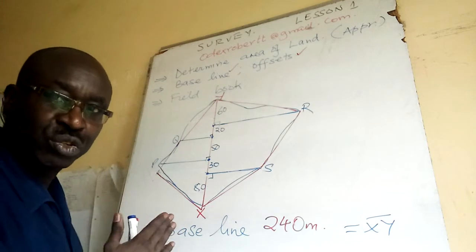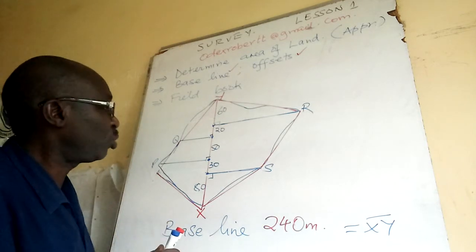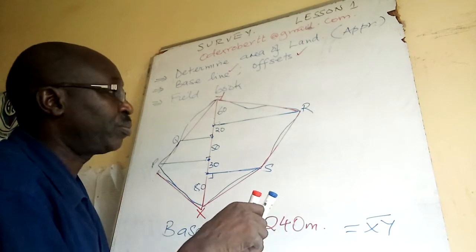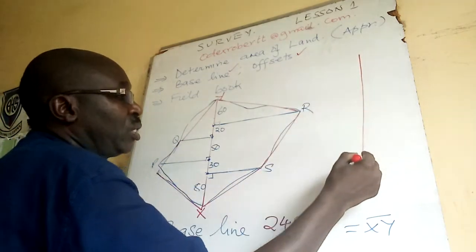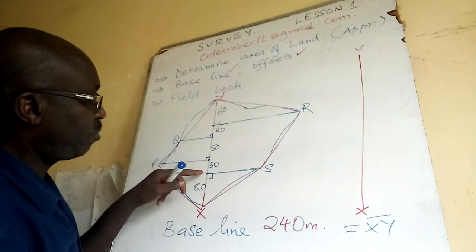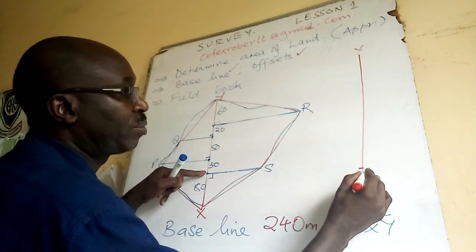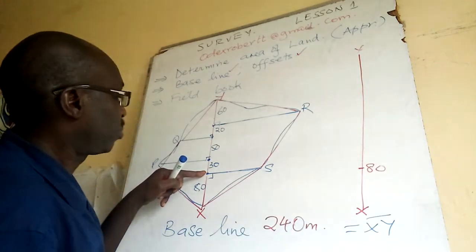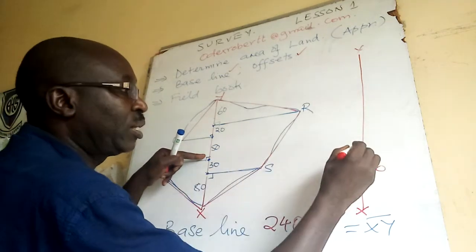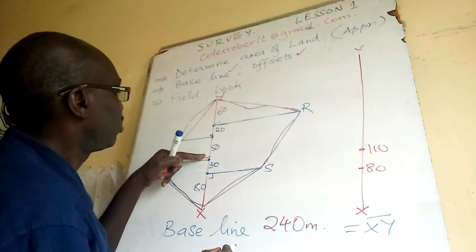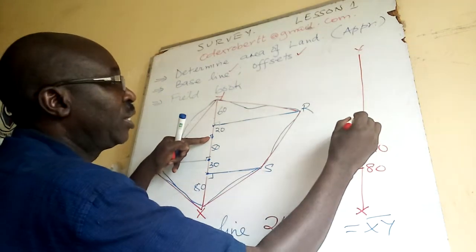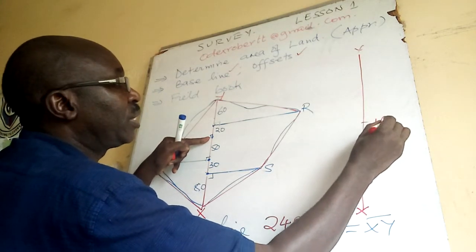This is one version. Another version they would give you is this. Let us draw, this is X and this is Y. The first point is at 80. The next point is at 80 plus 30, which is 110. The next point is 110 plus 50, which gives 160.